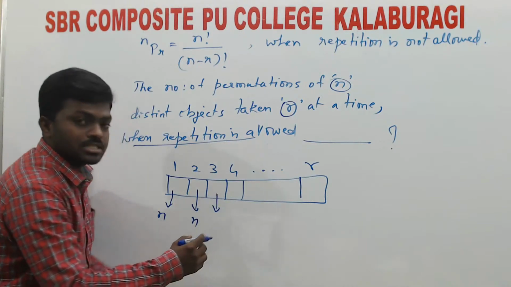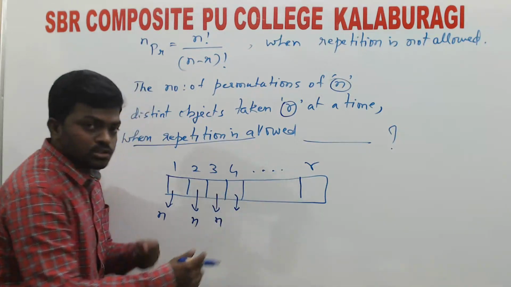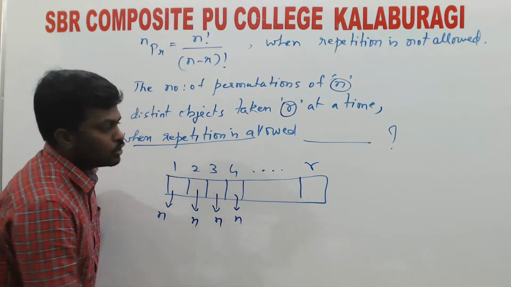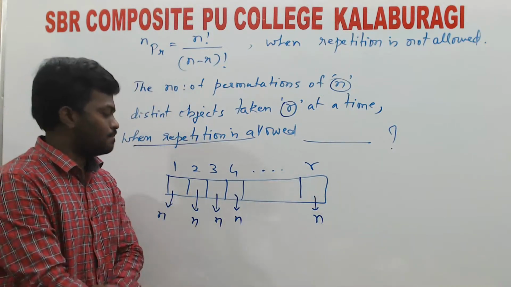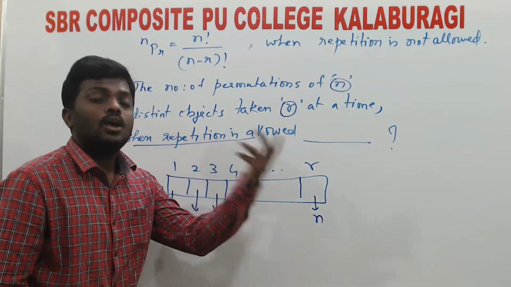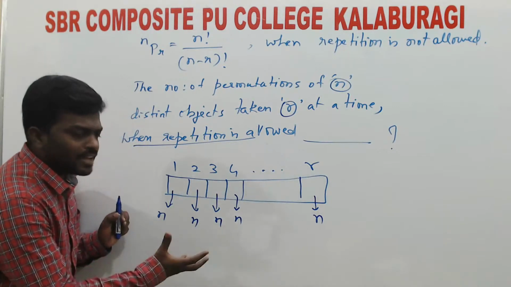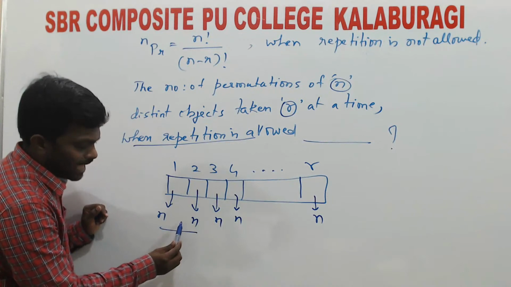For the third box, again I have n, and we have to fill up to r boxes. So every box can be filled in n different ways, right, students? Now look here. If we consider only two boxes, it will be n squared.